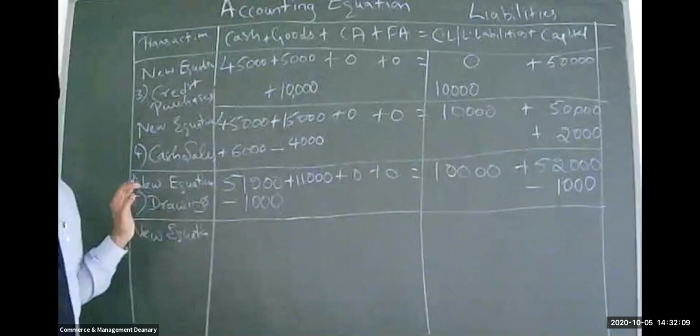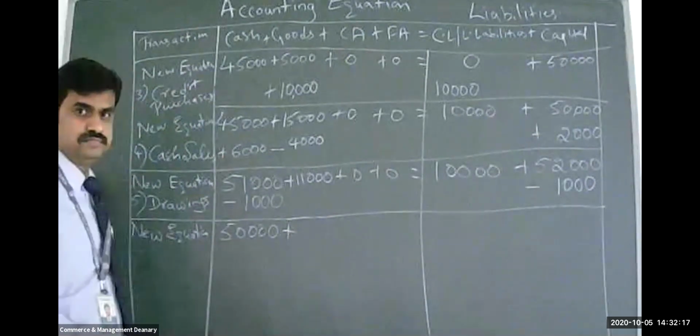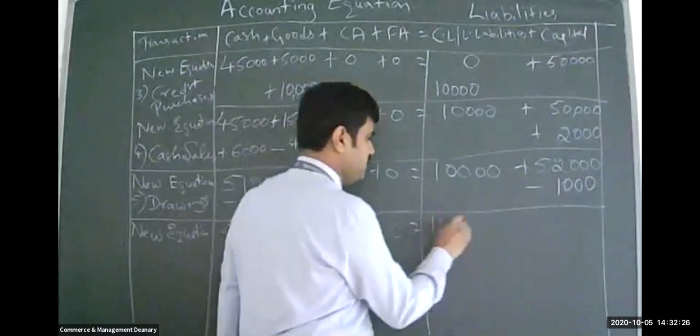How much is cash now? 50,000. How much is goods? 11,000. Current asset is 0, fixed asset is 0. How much is current liability? 10,000.